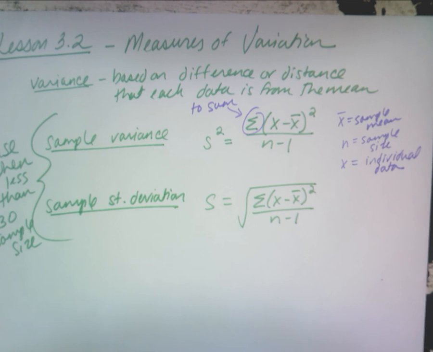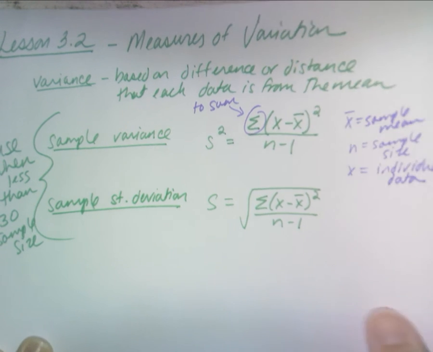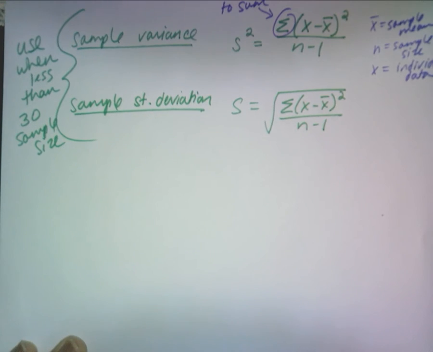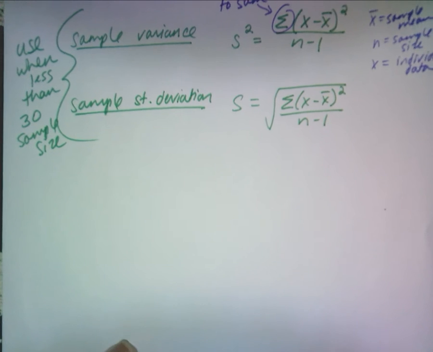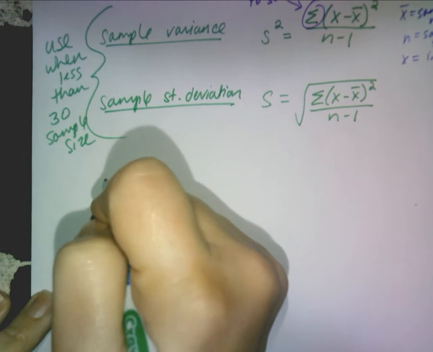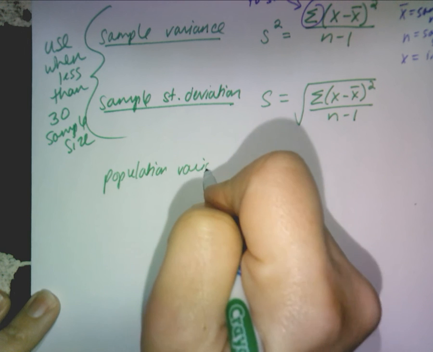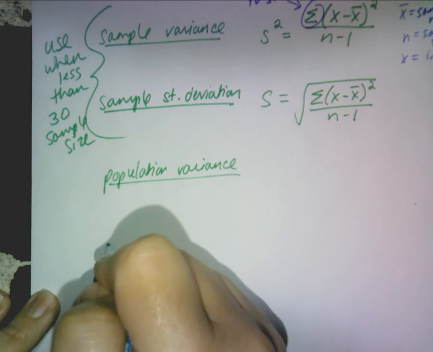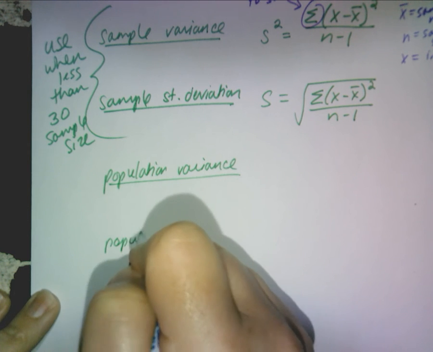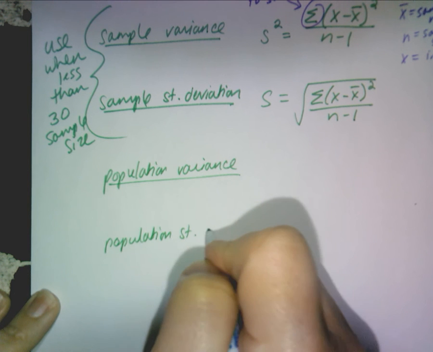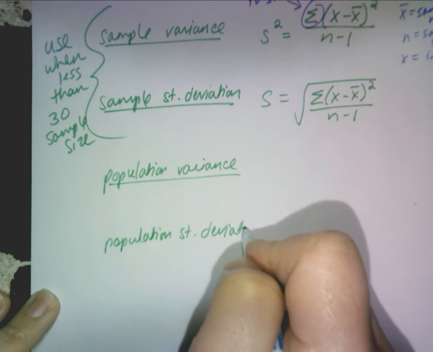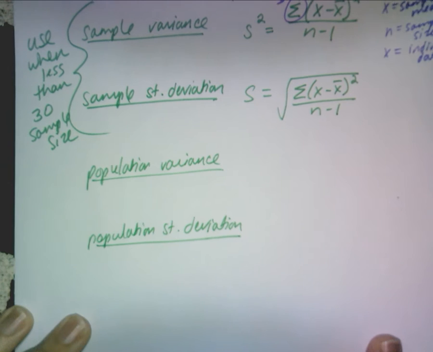Okay, now we're gonna write population variance and population standard deviation. And I just want you to notice one thing that changes here. Population variance, population standard deviation.